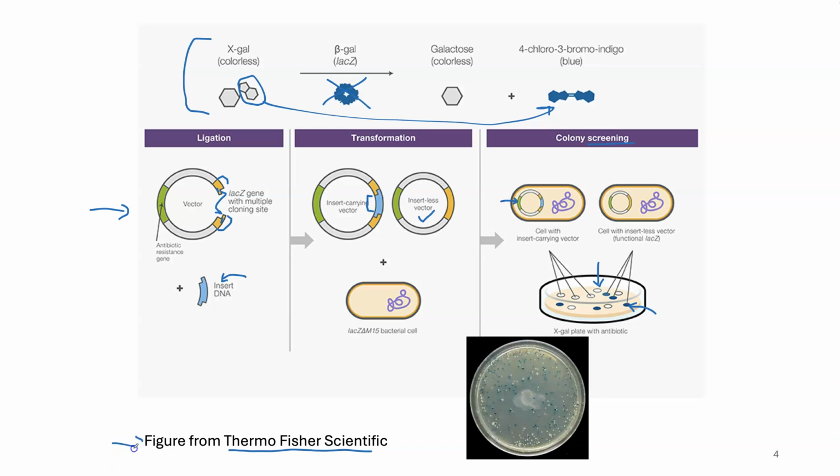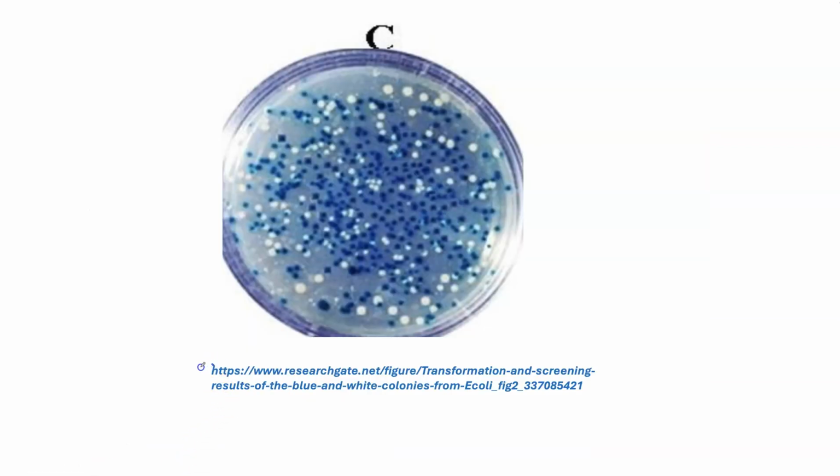So there's nothing wrong with looking at sites from companies like Thermo Fisher and Invitrogen and so on. Not because I'm pushing for them, you're not going to buy stuff from them, but they certainly have really useful graphics that can help you understand a procedure a bit better. And this is another site. ResearchGate is great because they have these articles with quite good graphics and explanation as well.